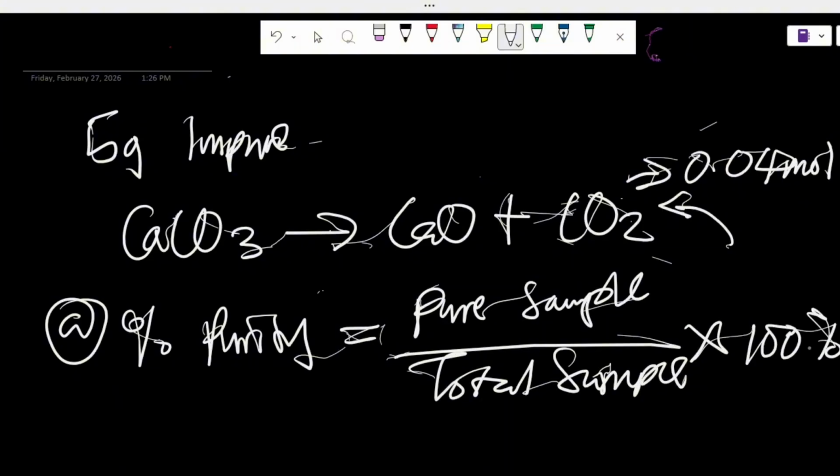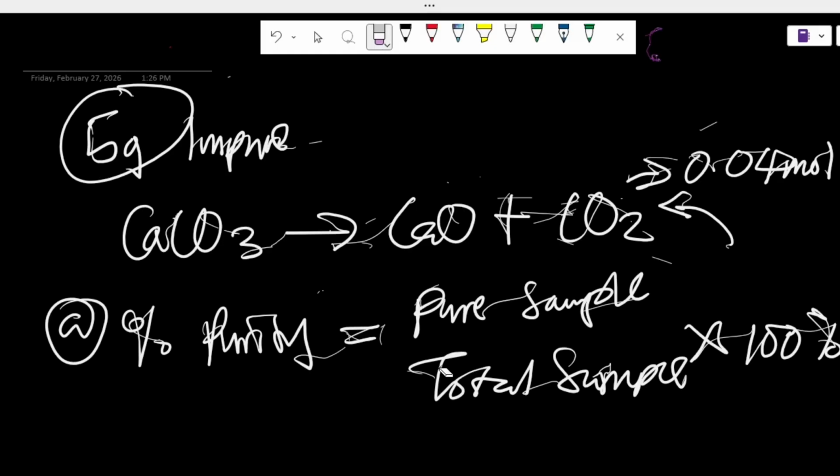In this particular case, notice that we found the mass of pure calcium carbonate, which is 4 grams. But you have also these 5 grams of impure calcium carbonate. So you can use those to find the percentage purity.